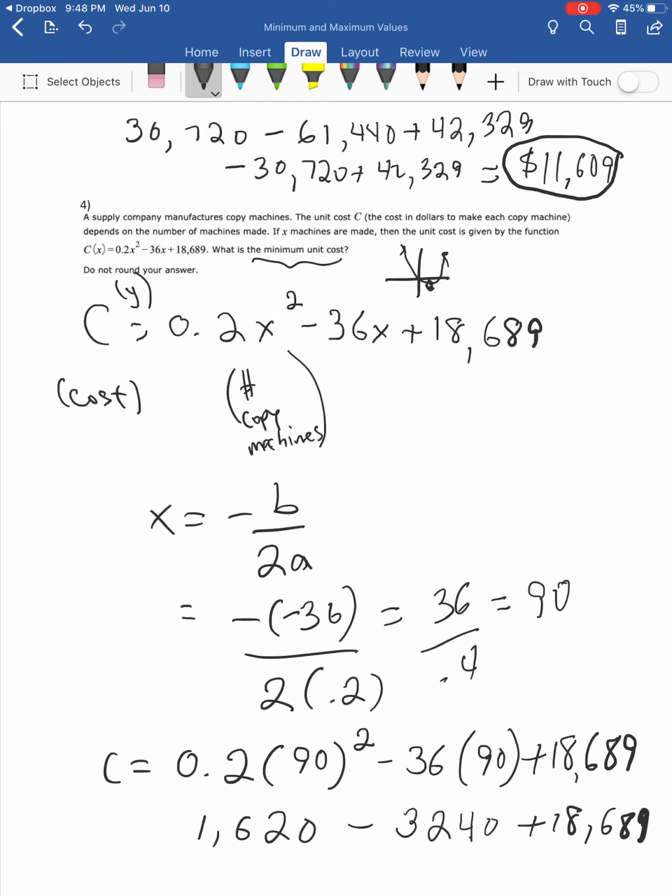Okay, we clean all this up. 18,689 minus 3,240 plus 1,620. I get 17,069.